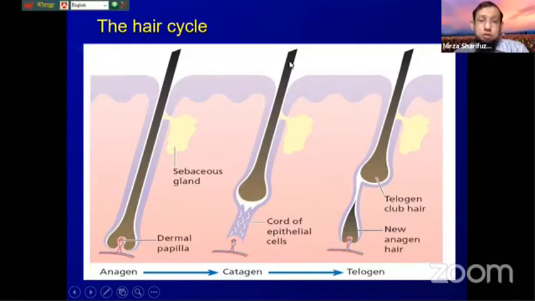So hair does not grow at this stage. This is called catagen, and subsequently this club-shaped hair remains. This is the resting phase of the hair that ultimately falls off at various periods of time. In different parts of the body, this turnover time is different. But however, we should know that around 6 months to 1 year, our old hair is replaced by new one.